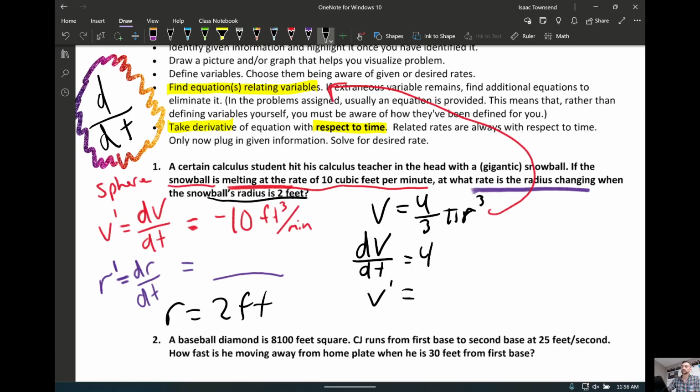What else? R squared, I agree with. dr over dt. Very good. I just took the derivative of r and it was not with respect to r, so I have to keep up with this dr over dt, also known as r prime.